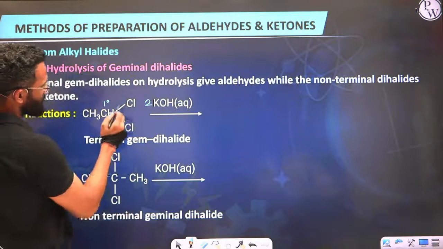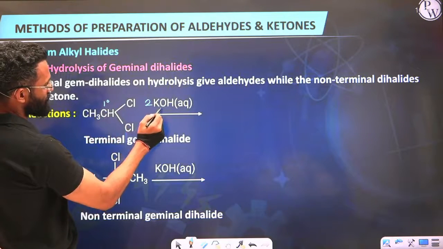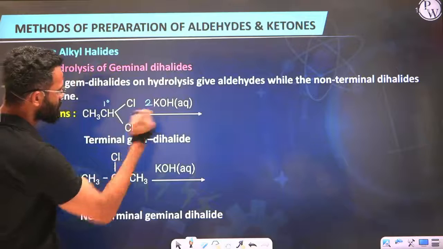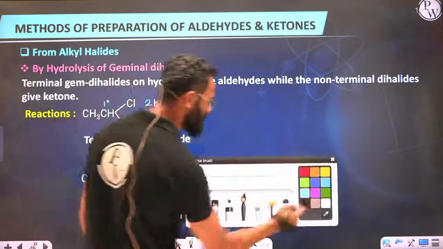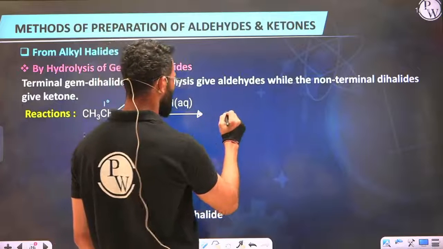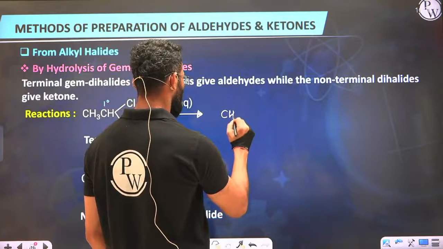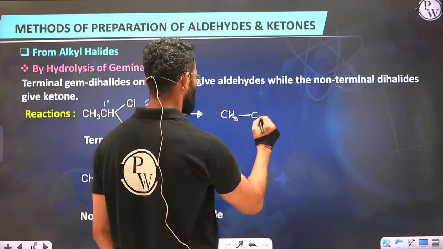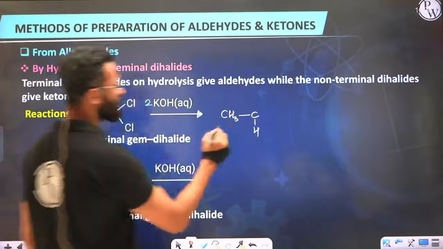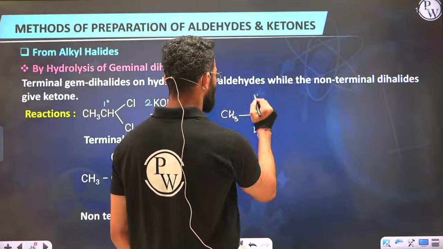Because it is a primary alkyl halide, with KOH it will undergo nucleophilic substitution and both the chlorines will be substituted by OH. As a result of nucleophilic substitution, we will be getting CH3, CH2, CH carrying two OH, both chlorines substituted by OH.